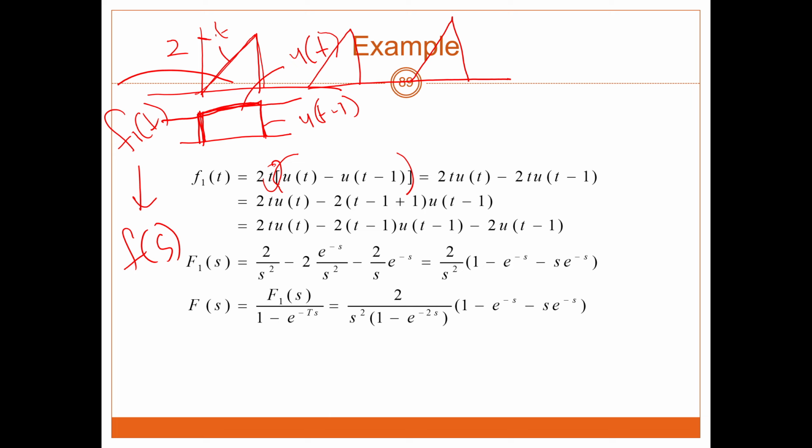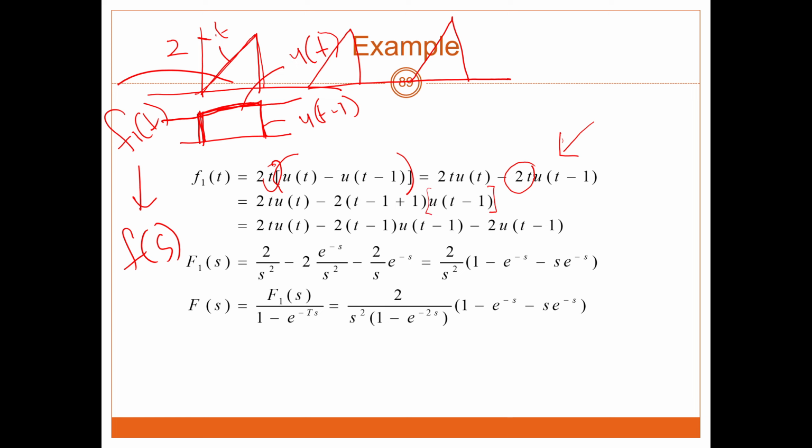When you expand the functions to 2t u(t) minus 2t u(t minus 1), we see that the function is not shifted the same as the function u and the function t. So we have to expand it to become (t minus 1 plus 1) u(t minus 1).